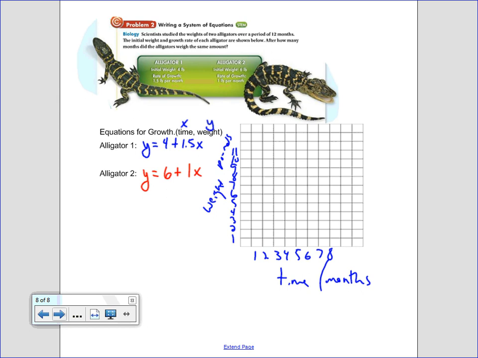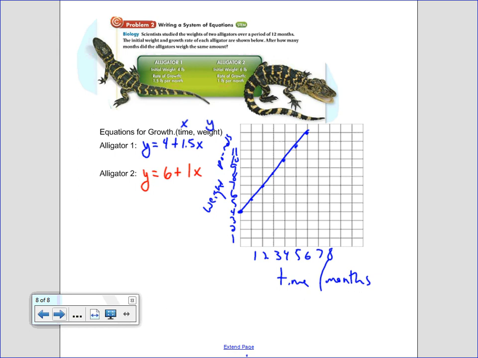So if I were to graph this first one, it started at 4 pounds, and it grew 1.5 pounds every month. So I'd be going up 1.5 pounds every month. Okay, so I got this line right here.